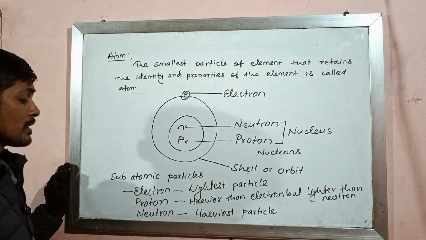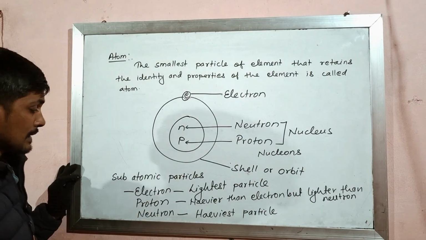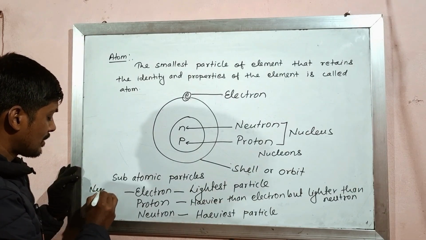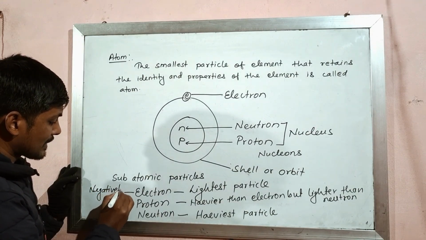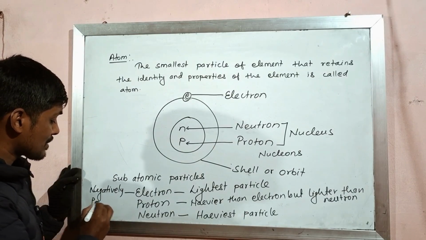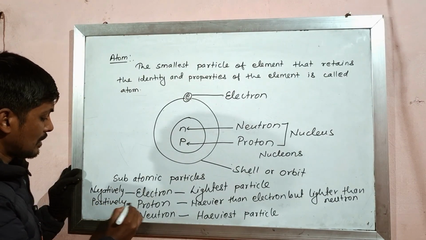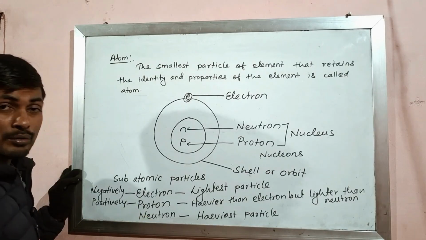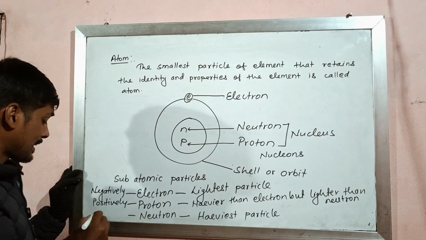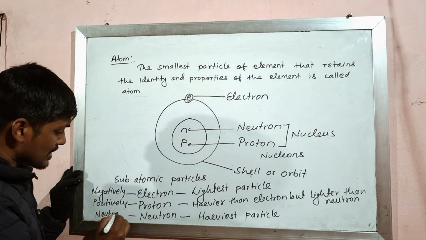Now when we talk about the charge of these electron, proton and neutron, then this electron is negatively charged, whereas the proton is positively charged, and this neutron is neither positive nor negative. It is neutral or chargeless.